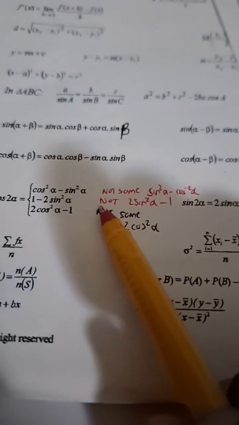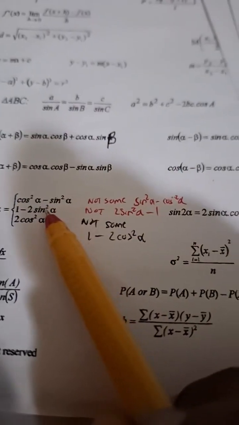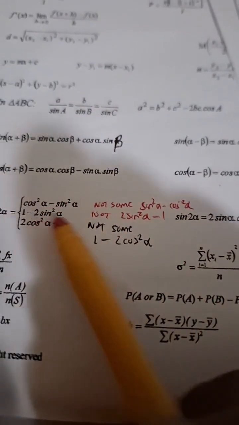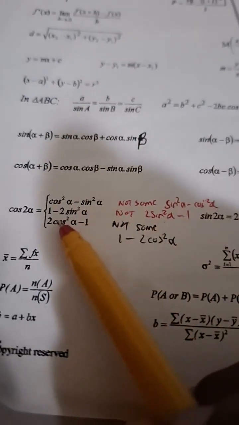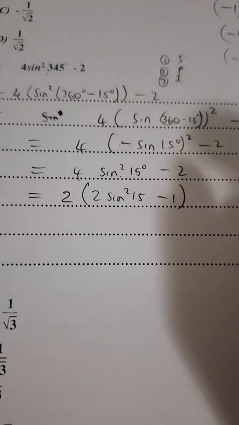This is not the same as 2 sine squared alpha minus 1. This is not the same as that. But the question is, how do we then manipulate this to become like that?